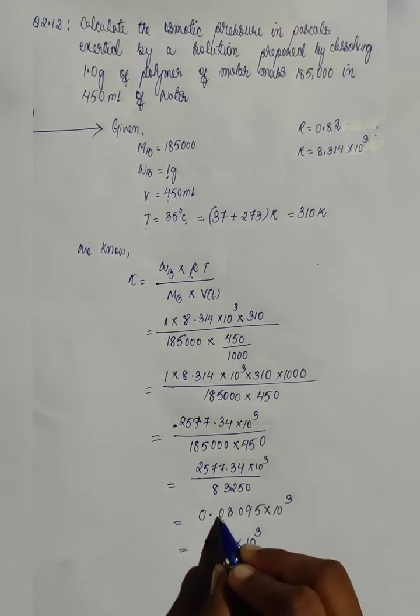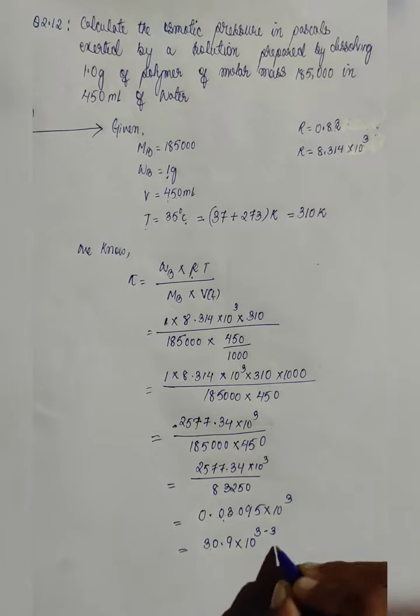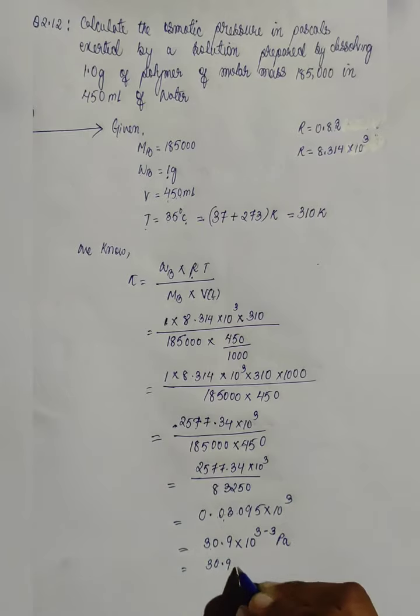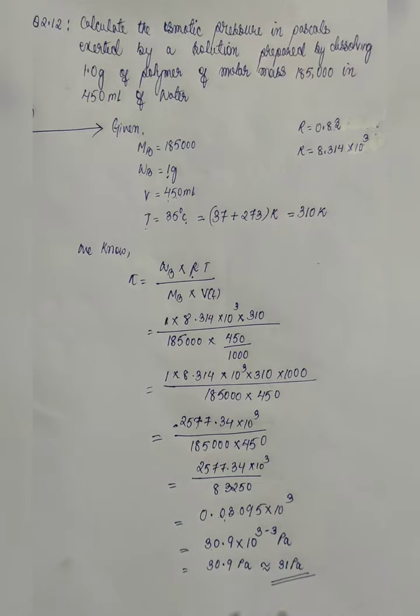Since we are moving 3 steps ahead, 1, 2, 3, it will be minus 3 Pascal. So approximately, this can also be written as 31 Pascal. So this is how you will do all your numericals. But always remember, practice will make you perfect.